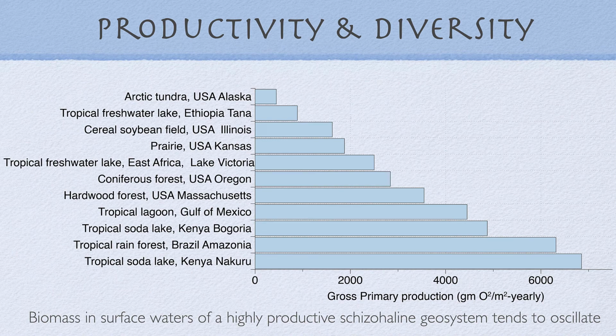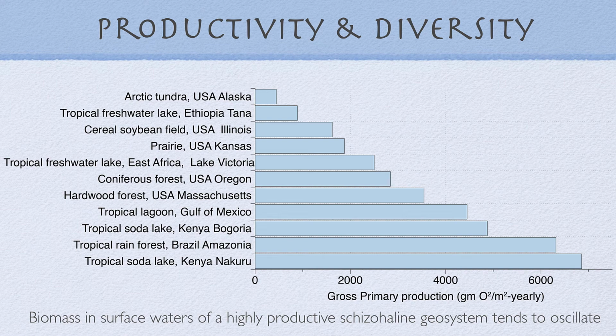So if we look at productivity and diversity in a number of ecosystems around the world, we can see that Lake Bogoria and Lake Nakuru are highly productive. Lake Nakuru, as I said earlier, is one of the most productive, if not the most productive, continental water bodies anywhere in the world. And it's highly productive in an ecosystem which is a schizohaline system, where salinities, temperatures and alkalinities are oscillating from times of freshening to times of salinization.